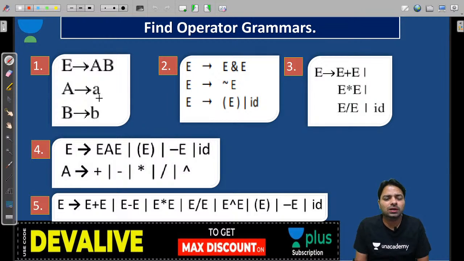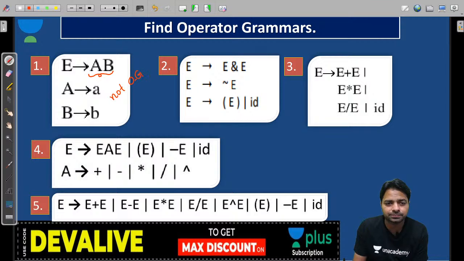Look at the first one. Is it operator grammar? There are two consecutive non-terminals, so it is violating operator grammar. So this is not operator grammar, not OG. What about the second one? You can see that there is no null production and there are no two consecutive non-terminals.